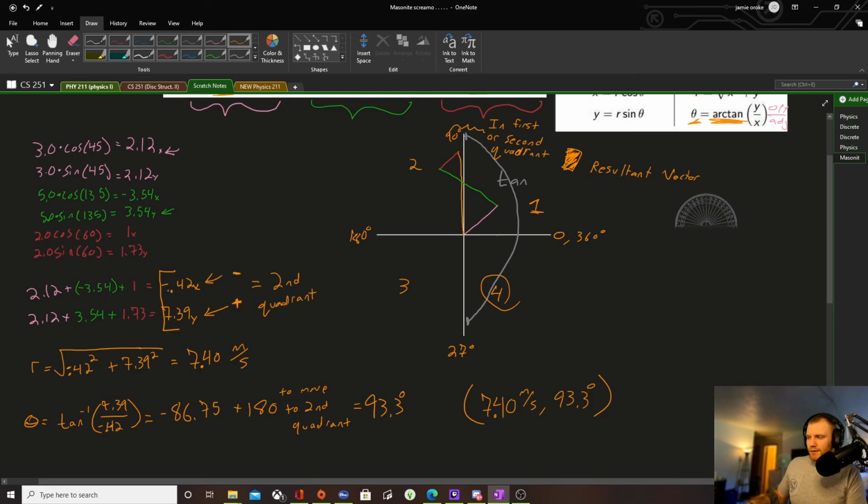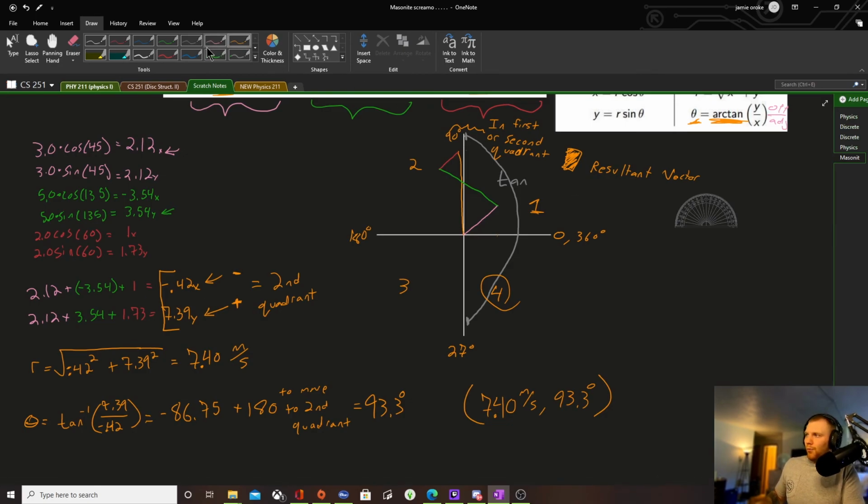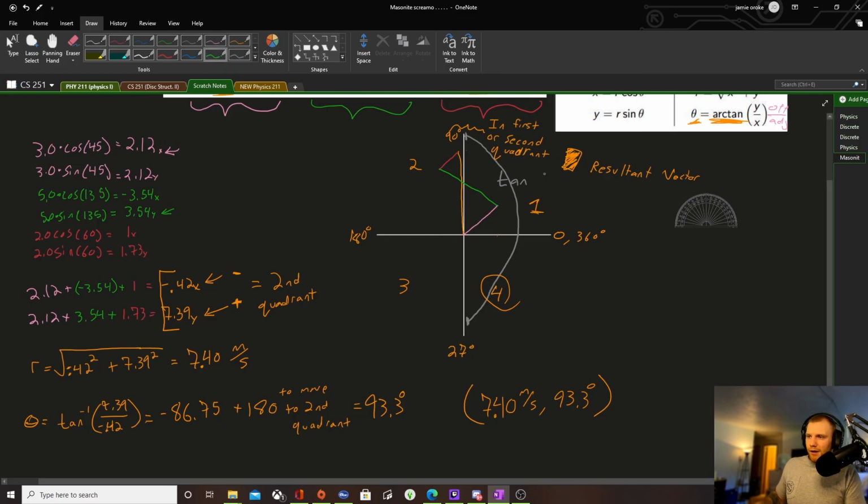If you look at the rectangular coordinates or the Cartesian coordinates, you look at the sign of the x coordinate and the sign of the y coordinate, and that will always tell you what quadrant you're in. You can either have an x positive, y positive for the first, x negative, y positive for the second, negative, negative for the third, and positive, negative for the fourth.